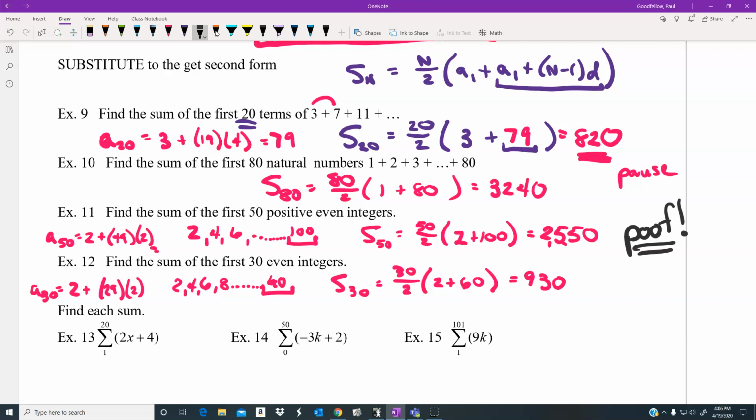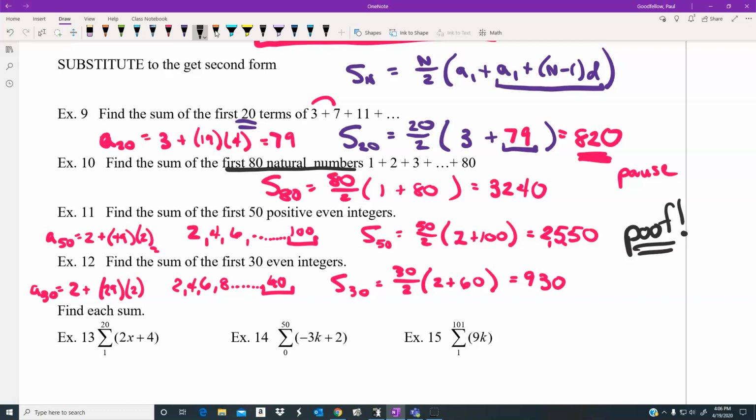All right, here we go. So the first one I did was the 80 terms of the natural numbers. That's 1 through 80. And that ultimately starts at 1, ends at 80, and then ends up being 1 plus 80, times 80 divided by 2, ultimately 3240. Now, some things to be very careful of when you start talking about the way these things have been stated. This says the first 80 natural numbers.